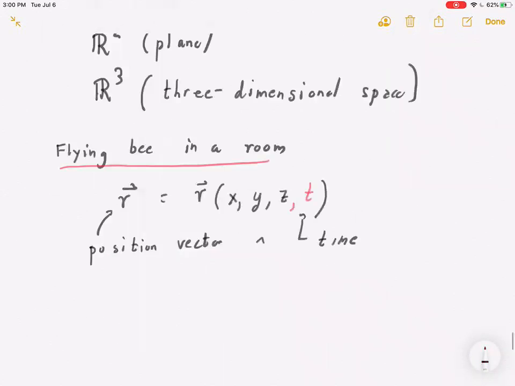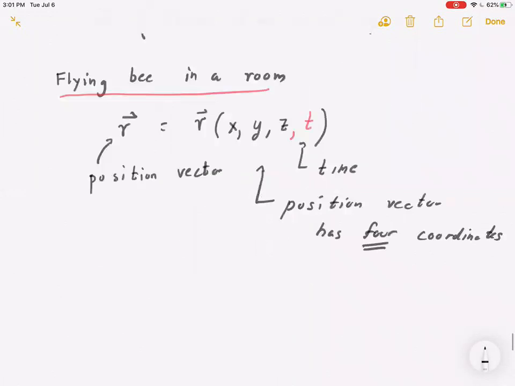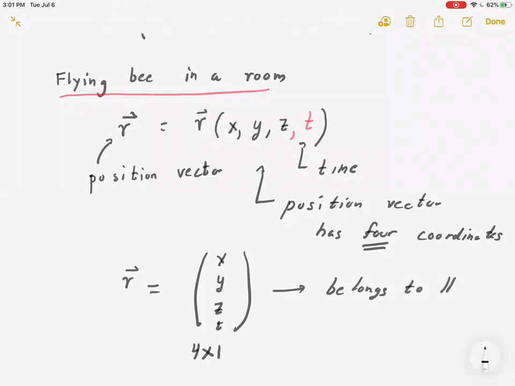So my position vector, R, is a vector, and it has 4 coordinates: X, Y, Z, and T. In other words, if I write this vector in column representation, it's a vector that has 4 rows and 1 column. And it belongs to the set of points in 4 dimensions.